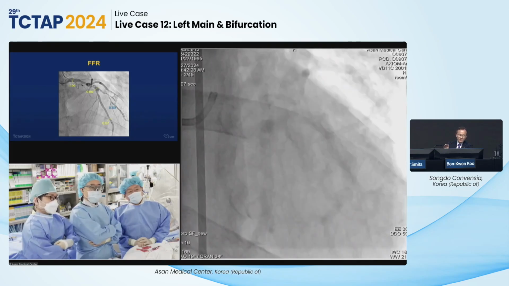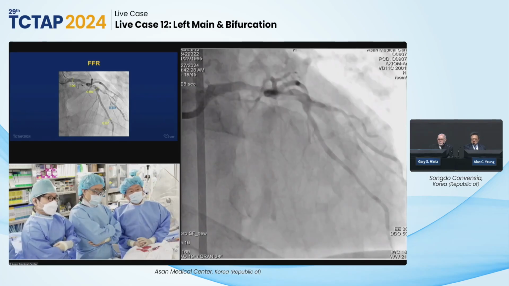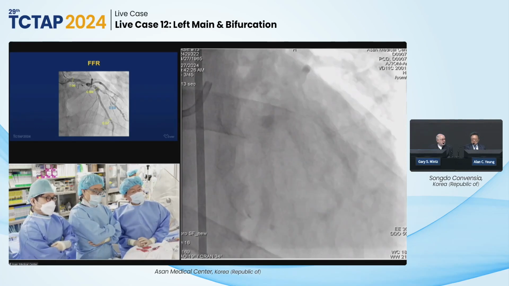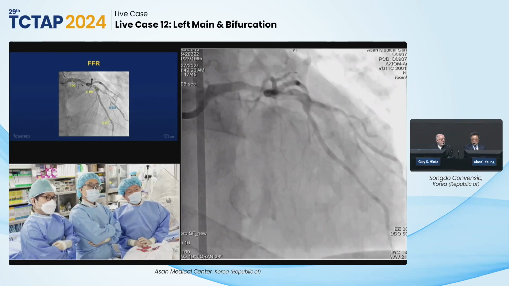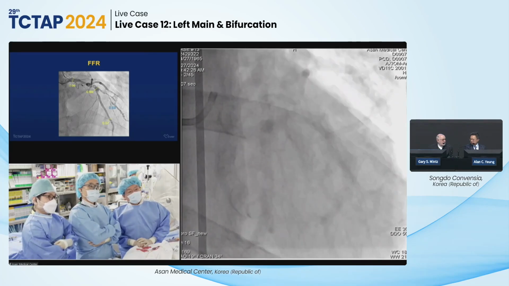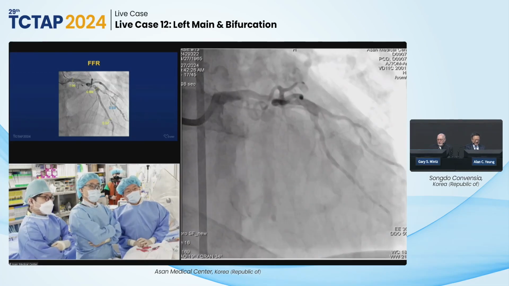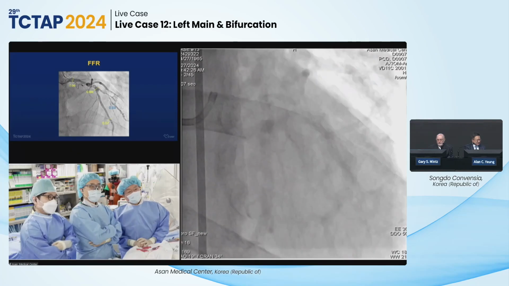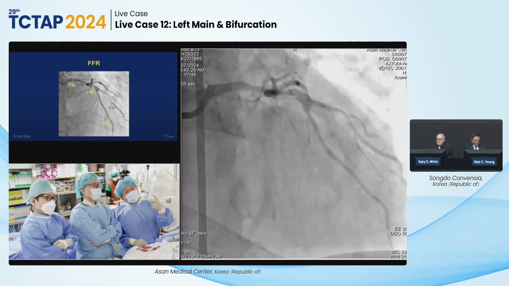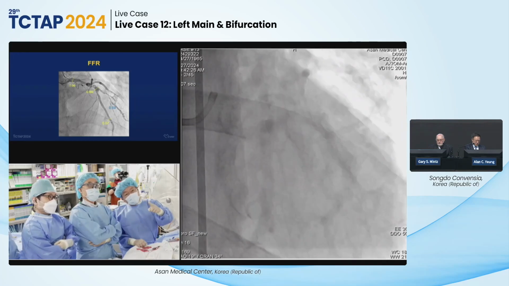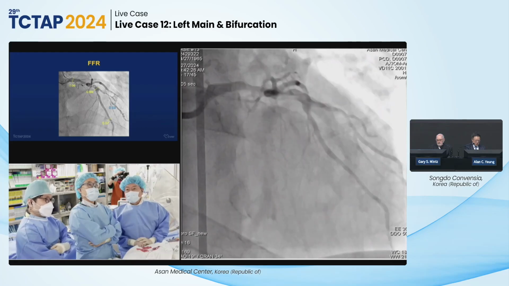To play devil's advocate, I'm not sure why you should do FFR in this case at the start, because you're going to treat the left main. Of course, this patient was randomized to the FFR arm of the main trial. Okay, sorry. So just recognize the difference between the proximal LAD and distal LAD, as Dr. Gu correctly commented.